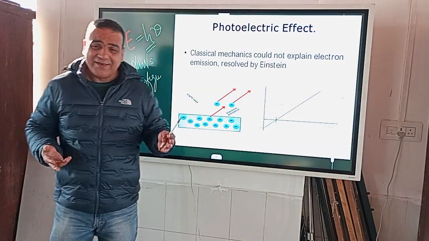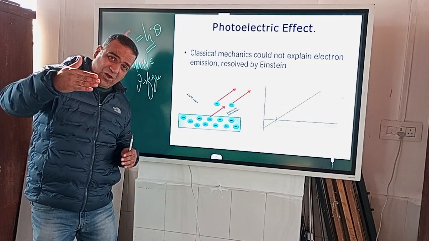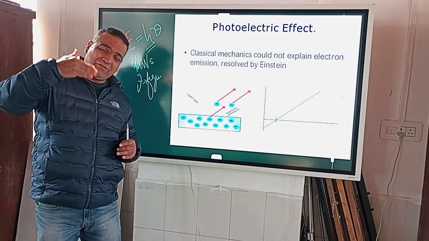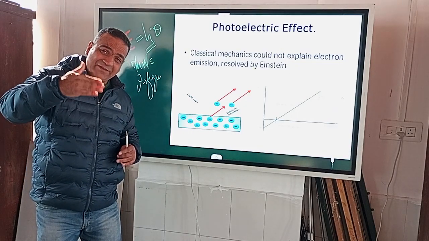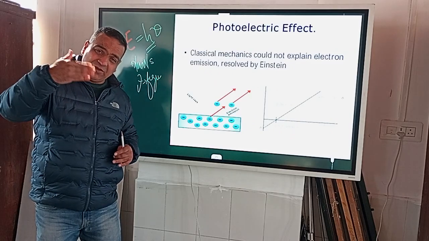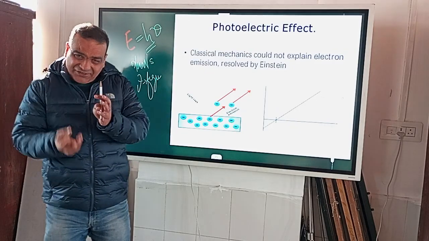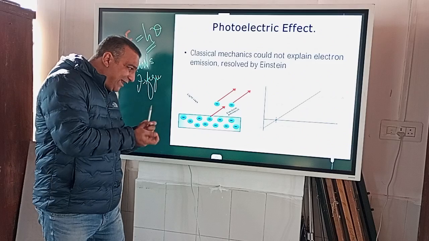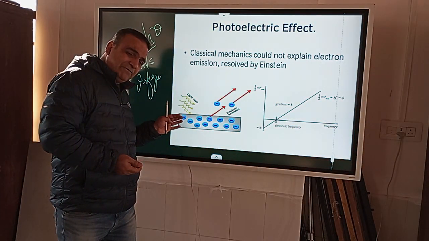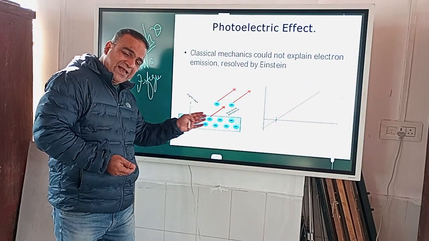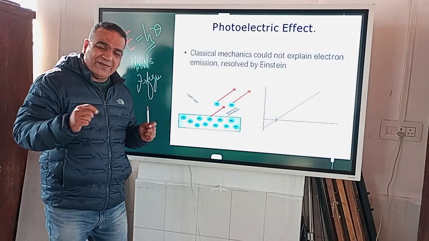As I said, if you treat it as a wave, even if the intensity of this wave is high, even if the frequency of this wave is high, the energy that's absorbed by one electron, which is free in this kind of metal, will be extremely low.